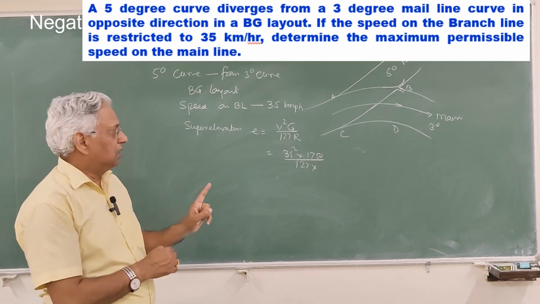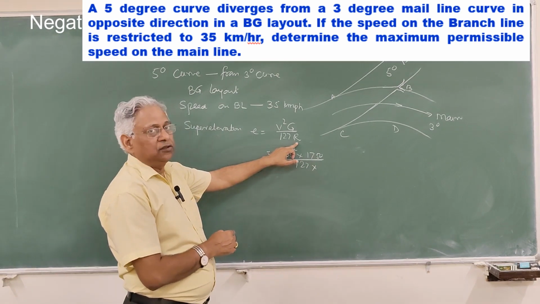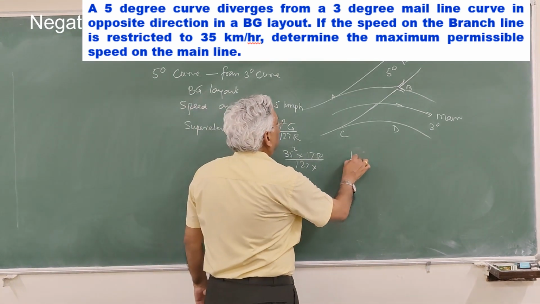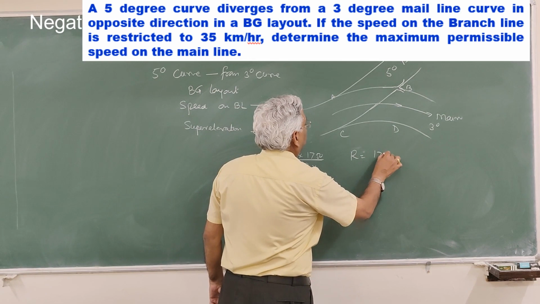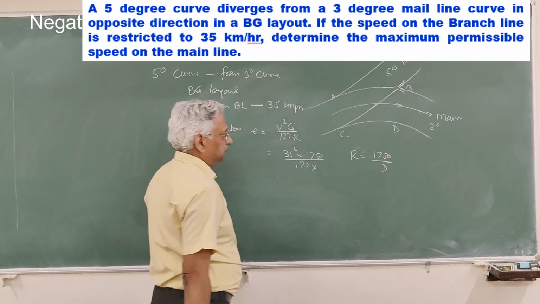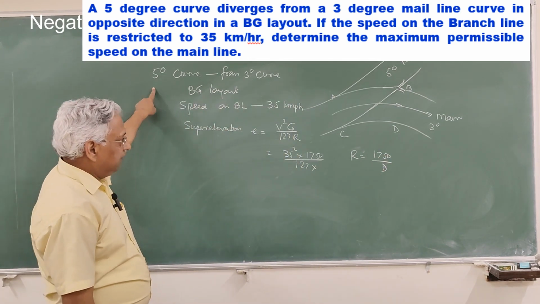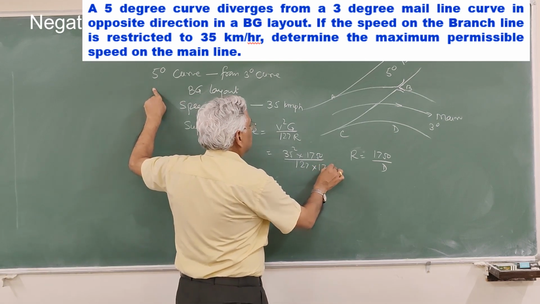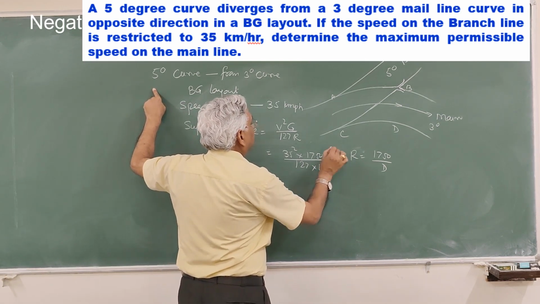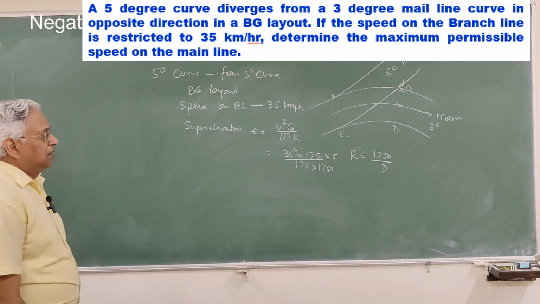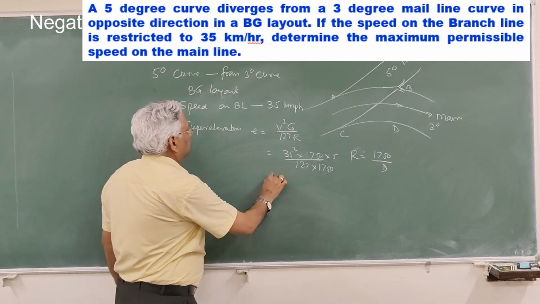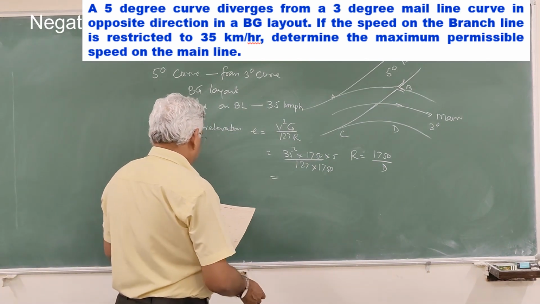In my last discussion I told you R is related to the degree of the curve and R is 1750 upon D. D for branch line is 5 degree and therefore this is 127 into 1750 upon 5. This is equal to 48 millimeter.